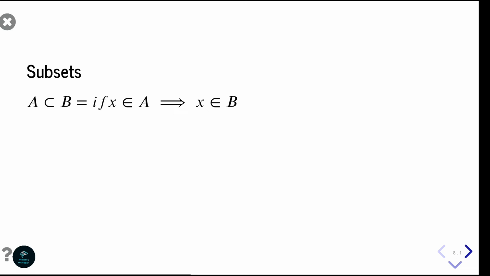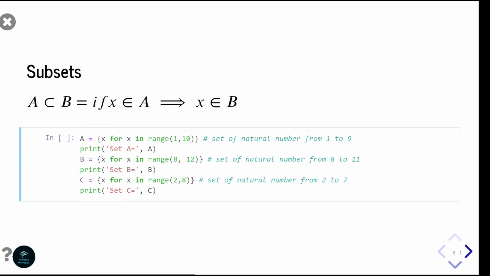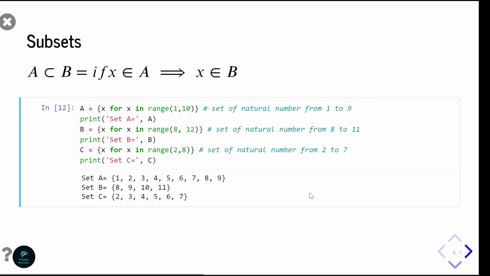In Python, we can also check whether a set is a subset of another set or not. For example, if we have a set A of natural numbers from 1 to 9, a set B of natural numbers from 8 to 11, and set C of natural numbers from 2 to 7. If we print these sets, we get this result.